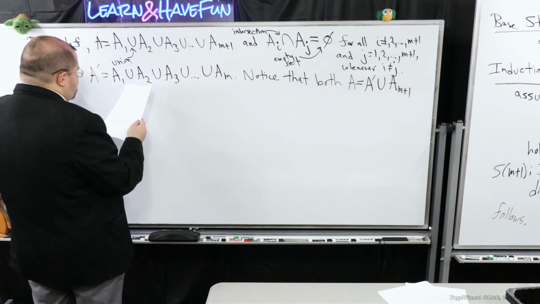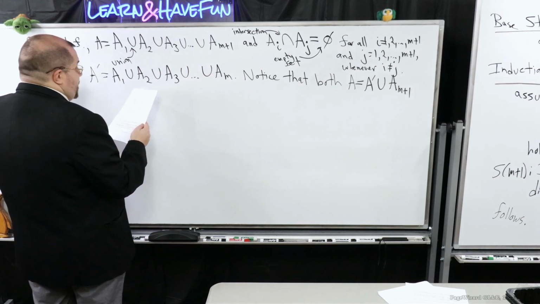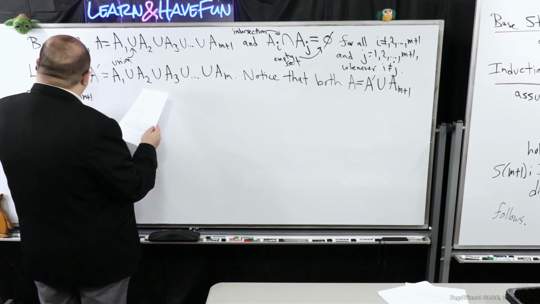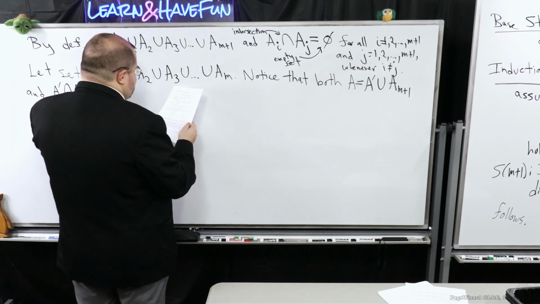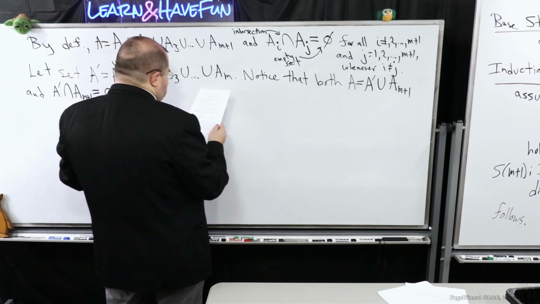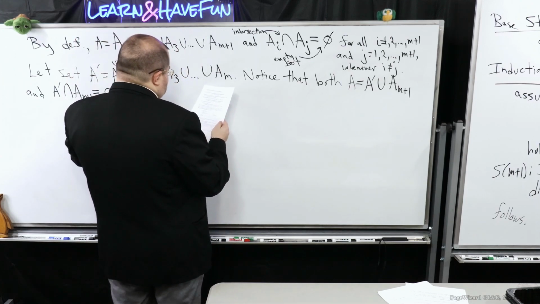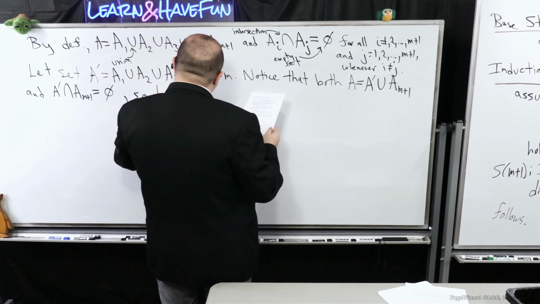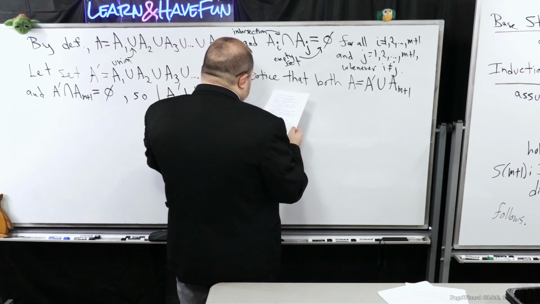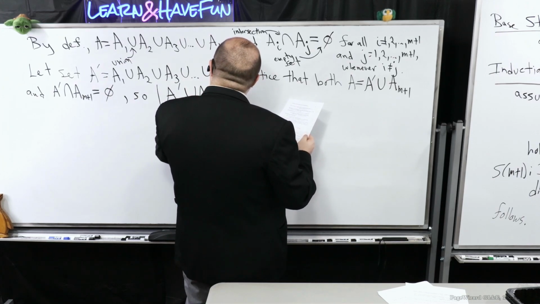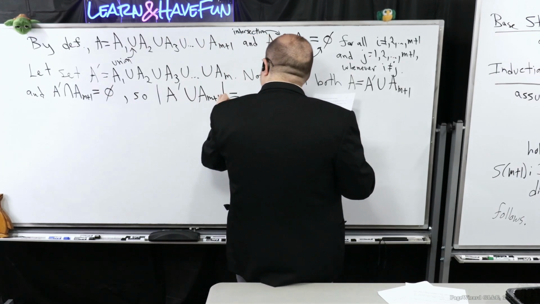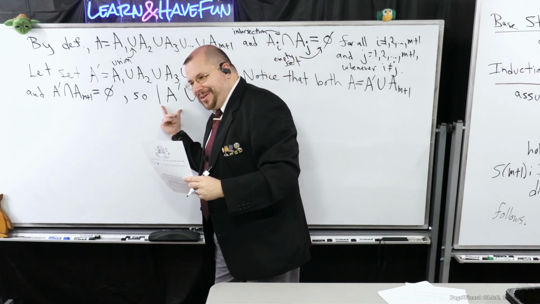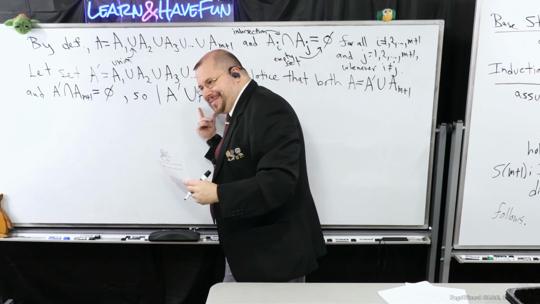And A prime intersect A_{m+1} is equal to the empty set, right? They're pairwise disjoint. So what does that mean about the size of this set? Well, the cardinality of A prime union A_{m+1} is actually going to be equal to the following, because all of these elements are on their own, from these ones.